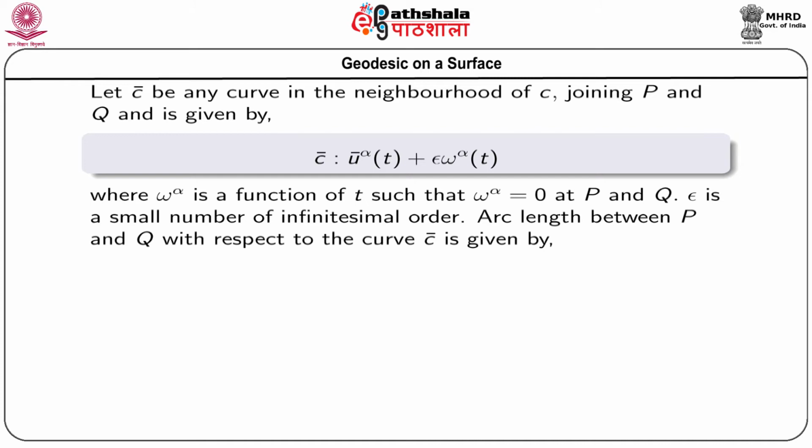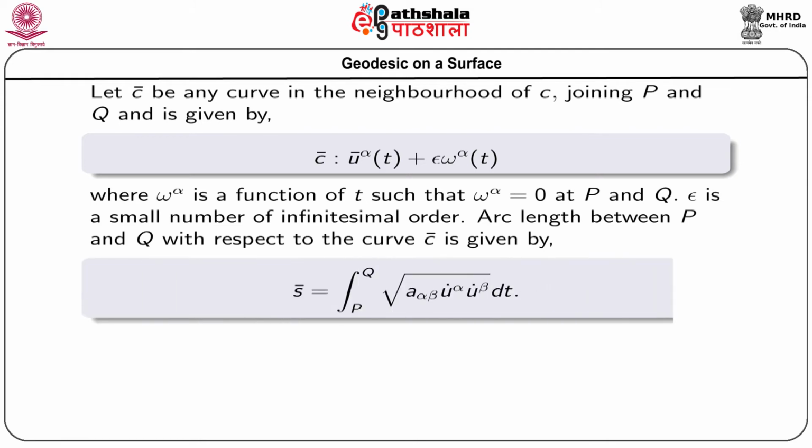So, the arc length between P and Q with respect to the curve C bar is given by S bar equals the integral from P to Q of root over a_αβ ū̇^α ū̇^β dt.